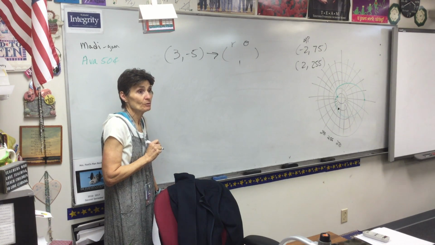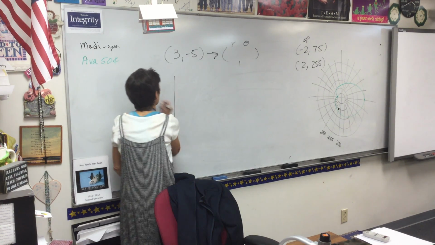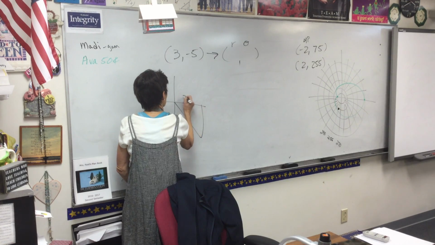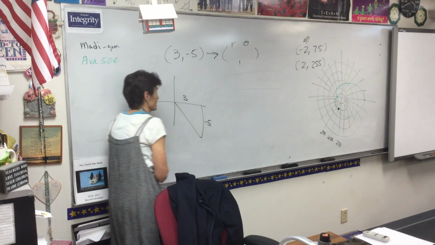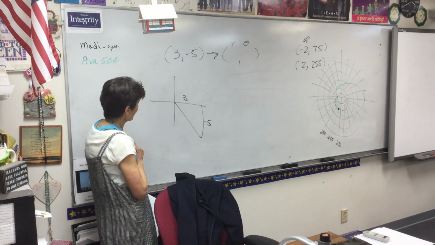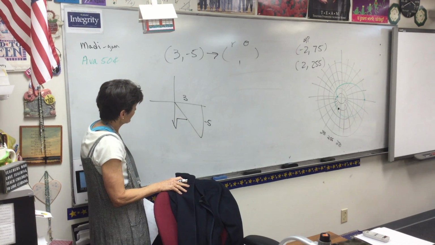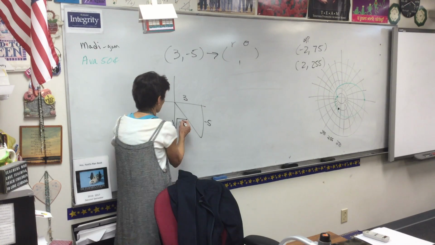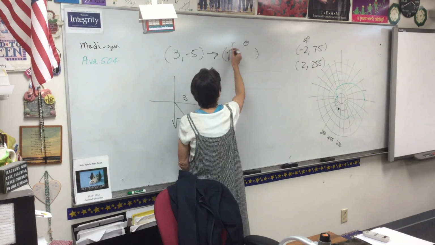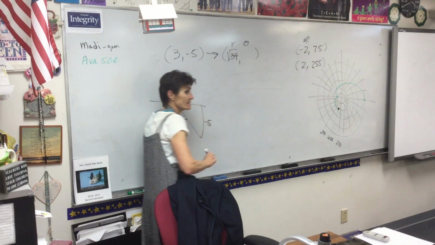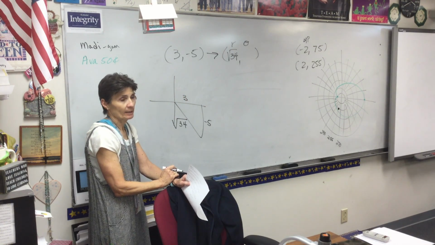I have to draw it, yep. So here's over 3 down 5. So this will be my r. 34. And that will be the square root of 34. That's my r. It's that easy. Half done already.